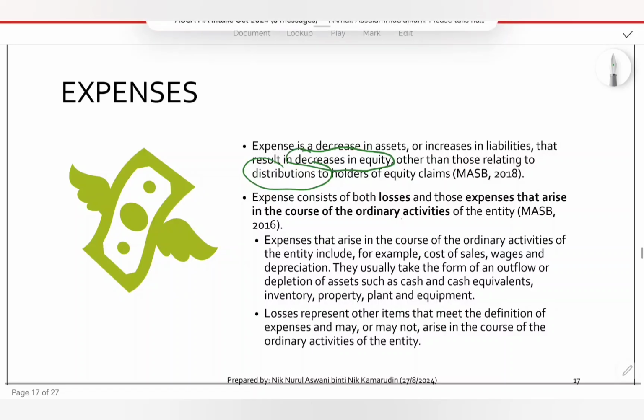So whatever you spend to support the day-to-day operation of the business will be considered as expense that arises in the course of the ordinary activities.